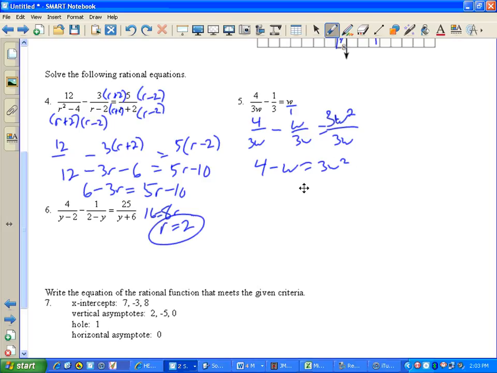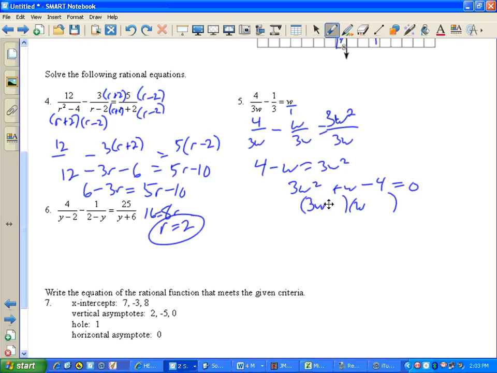This is a quadratic, so I need everything on one side. And it looks like this one will factor. So I need multiples of 4.